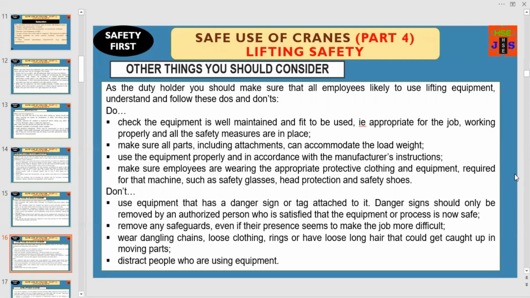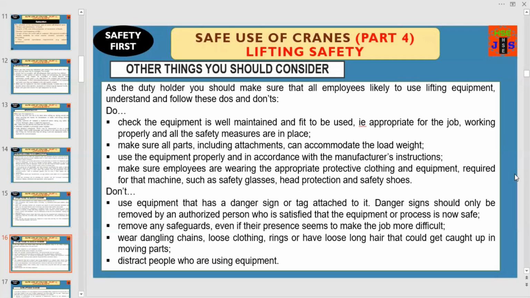Danger signs should only be removed by an authorized person who is satisfied that the equipment or process is now safe. Don't remove any safeguards, even if their presence seems to make the job more difficult.